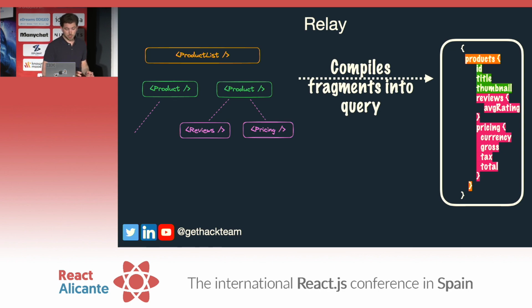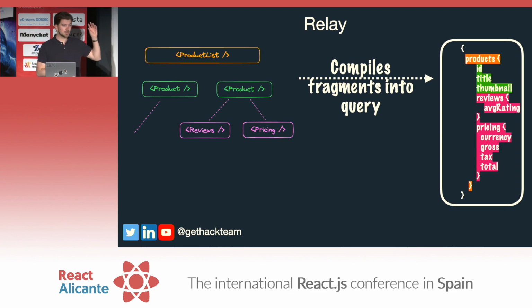So the way it works, you would have this same tree of components. You're rendering a list of products, you have products components, and then there are subcomponents in there, and maybe you go even further down the component tree. What Relay does is take fragments that you define in each of these components and compile them into one single query.